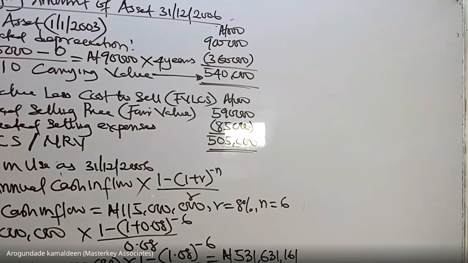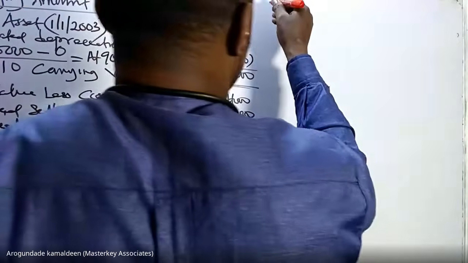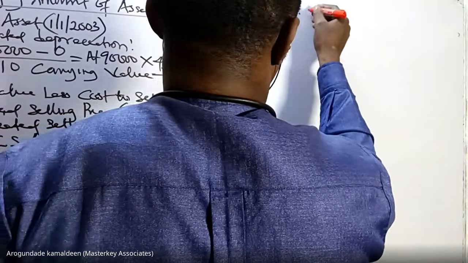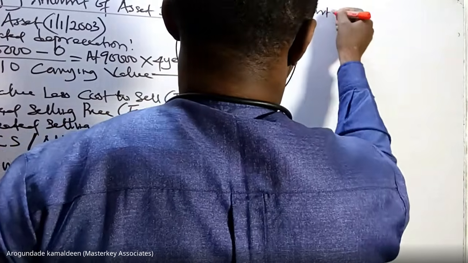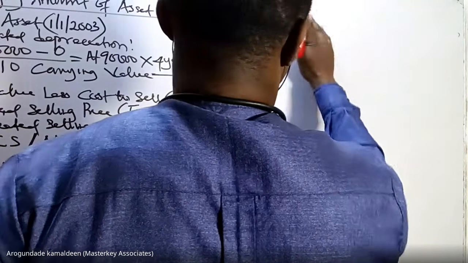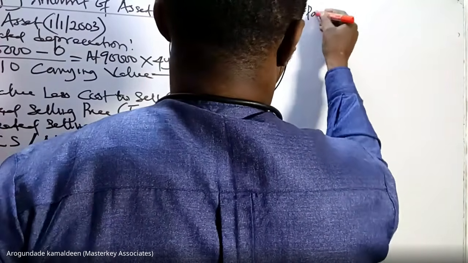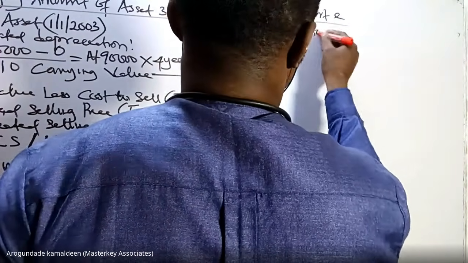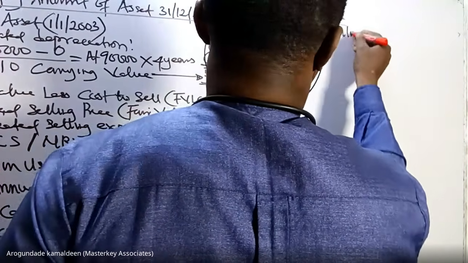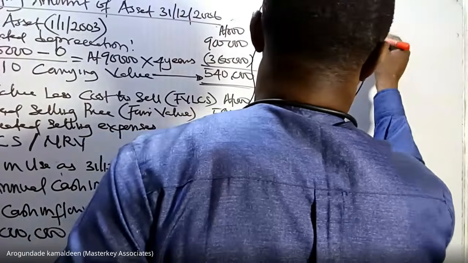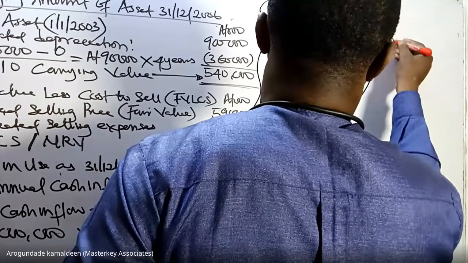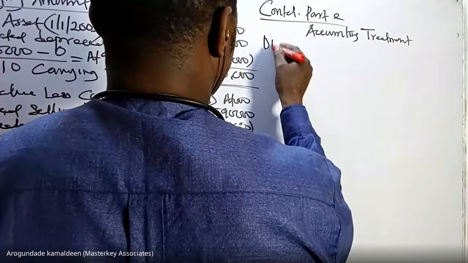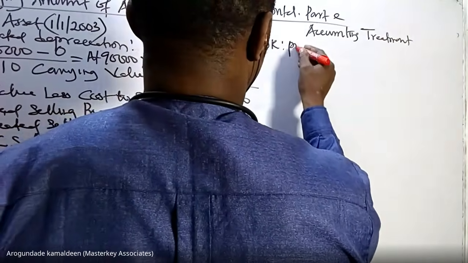Still part E, continuation of part E. The accounting treatment: now you debit the P or L. Why?